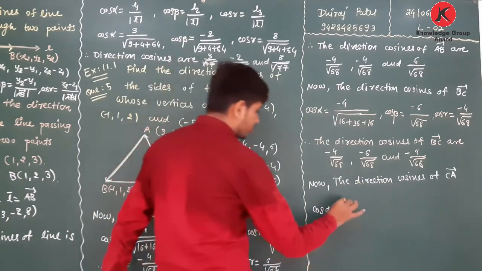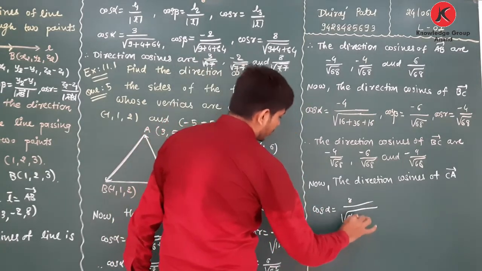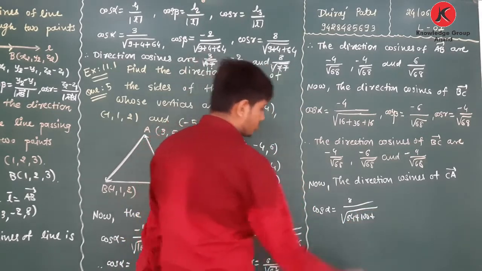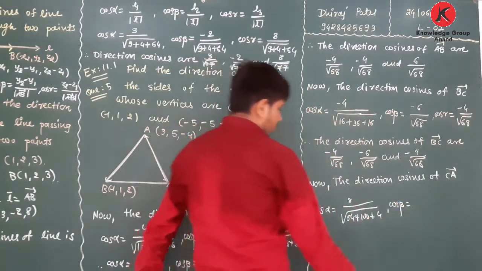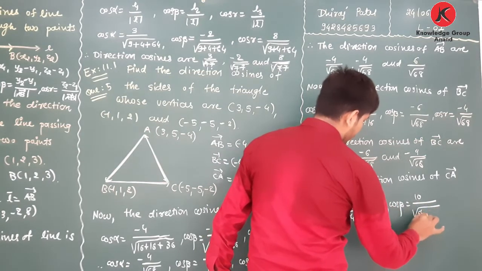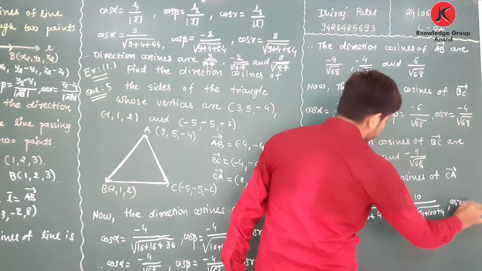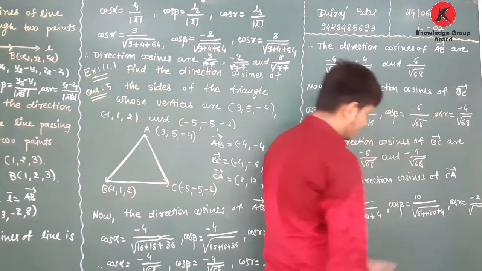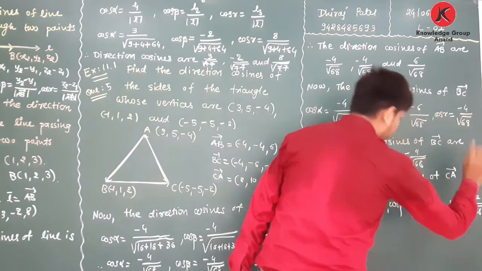Cos alpha equals to 8 by under root of 8 square 64 plus 10 square 100 plus minus 2 square 4, cos beta which is equals to 10 upon under root 64 plus 100 plus 4 and cos gamma which is equals to minus 2 divided by under root 100 plus 64 plus 4, 168 directly.